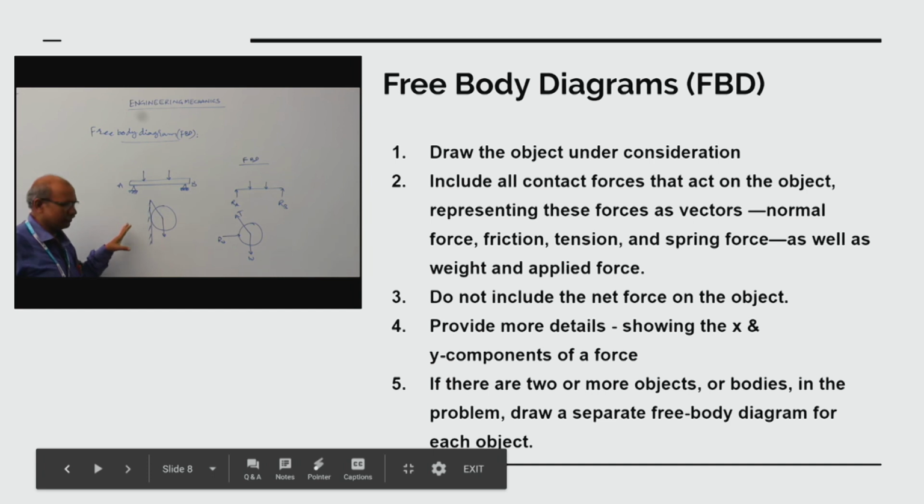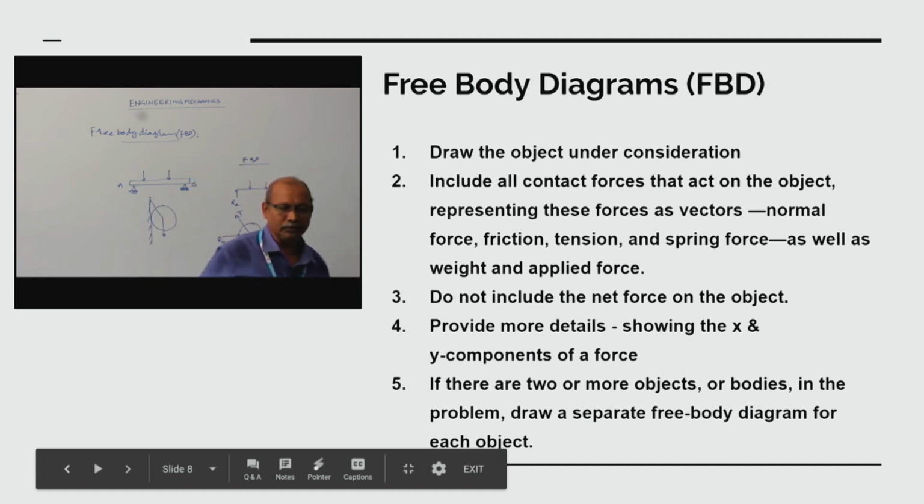Here, this is the diagram given. From this diagram, we cannot find what forces are acting on this object to keep it stationary. So by drawing this free body diagram, we can find the different kinds of forces, that is, the tension in the spring. So here the tension in the string is like this.